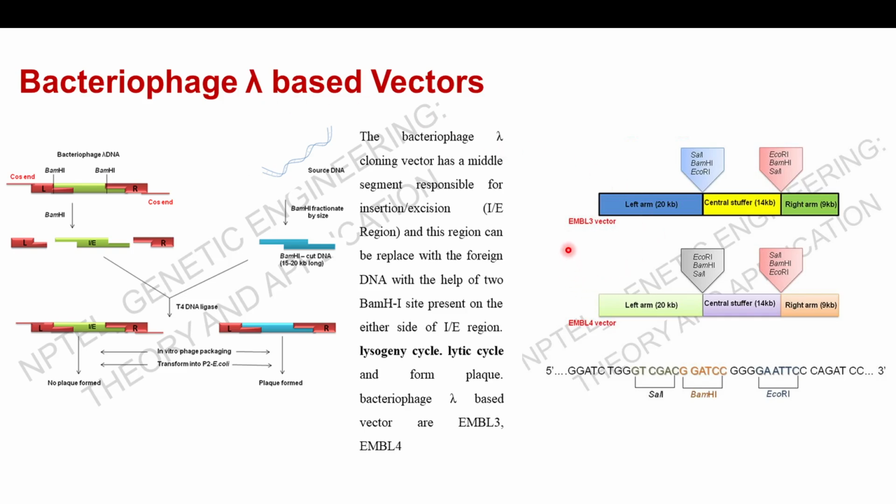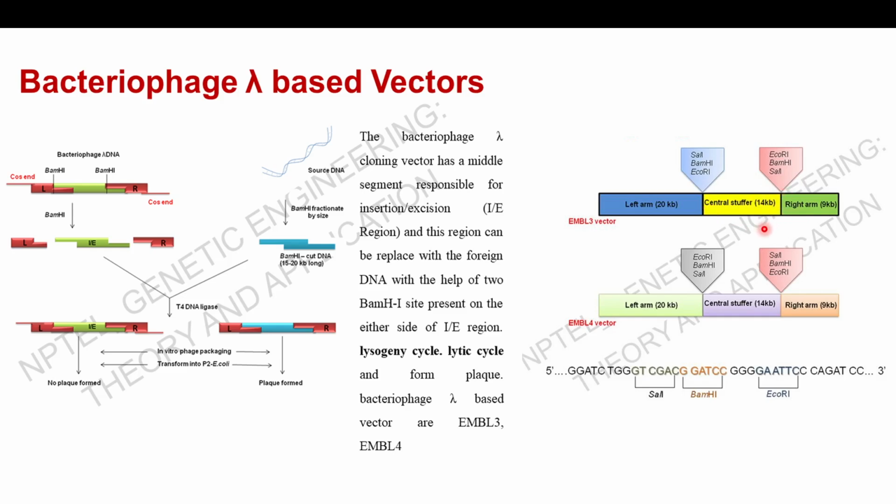In general, these are the different kinds of vectors, like the EMBL4 vector and the EMBL3 vector, wherein there is a left arm, a right arm, and a central stuffer region having restriction sites at both ends.